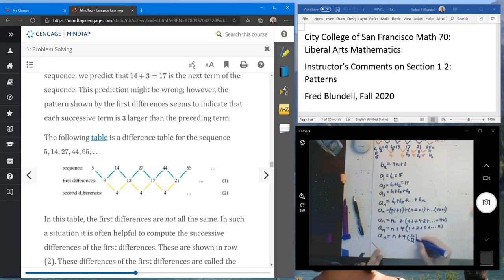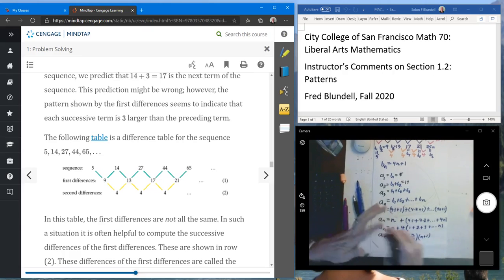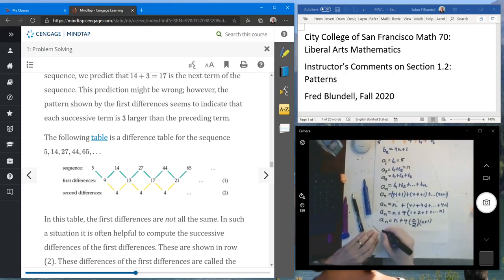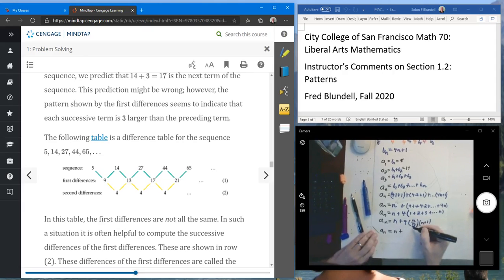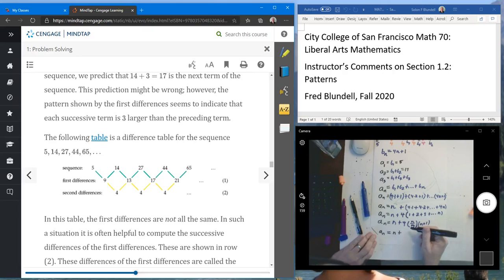N over 2 times n plus 1. Four times n divided by 2. Half of 4 n's is 2 n's. So I have 2n times n plus 1. I'll distribute. I get 2n times n.